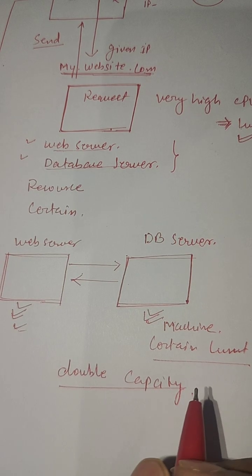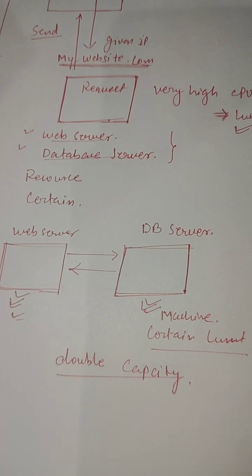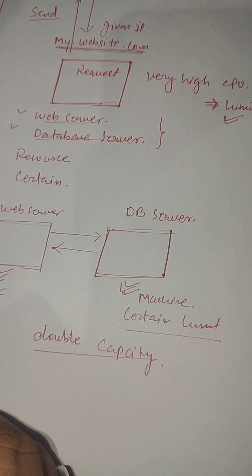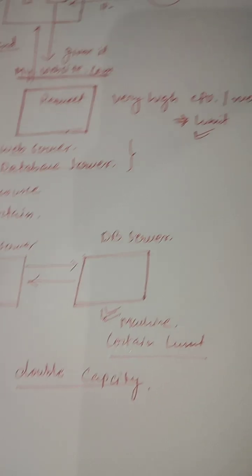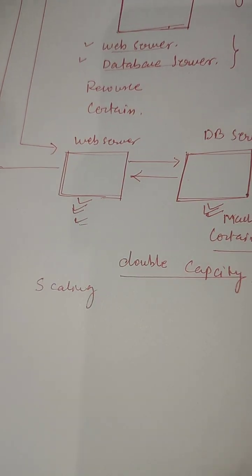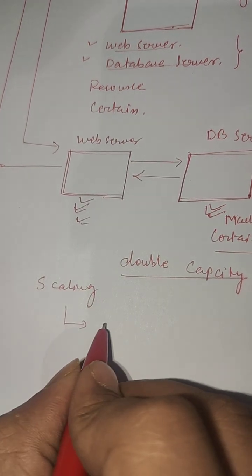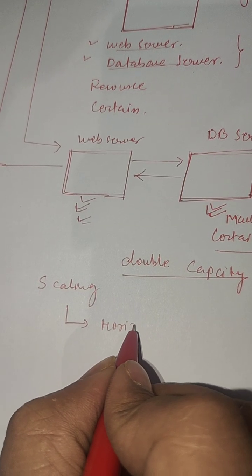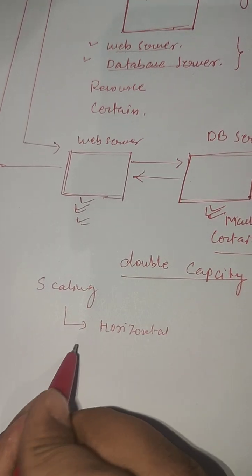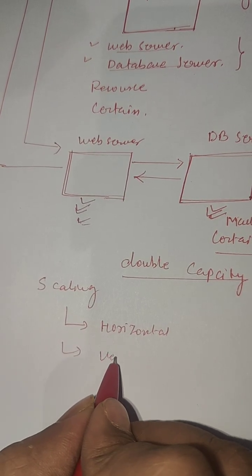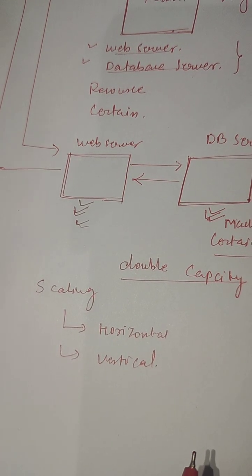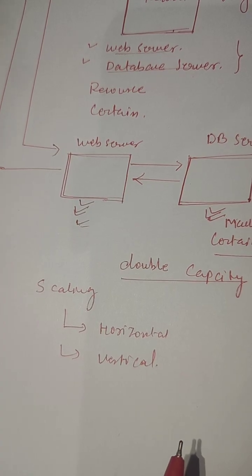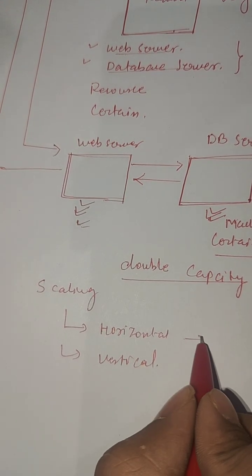So now here we will understand the scaling concept. Scaling can be of two types. The first is horizontal, the second is vertical.